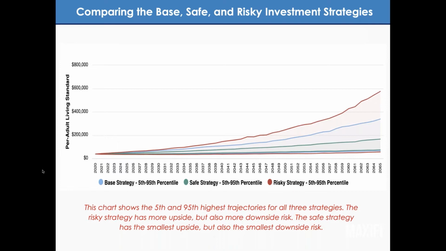In the green strategy, which is the safe strategy, they're holding only 20% of their assets in stock through time. And you can see that the upside is smaller, but also the downside is smaller. The green curve is above the blue and the red curves in terms of the downside, the 5th percentile.